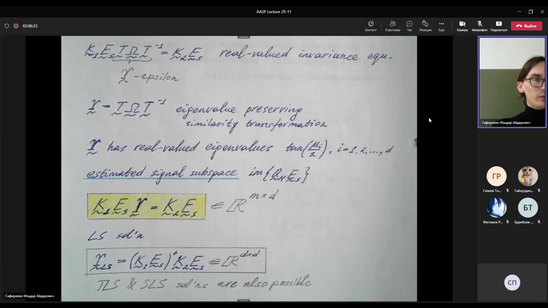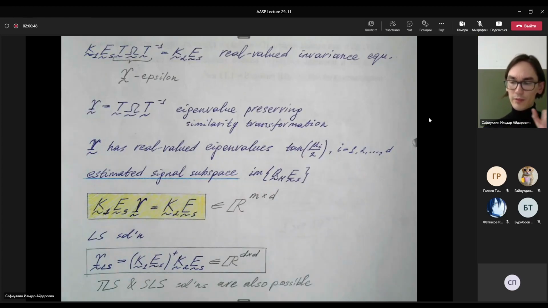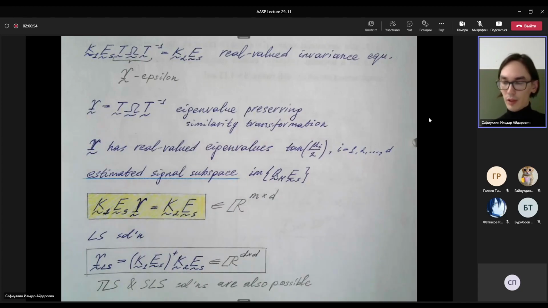And if we calculate the eigenvalue decomposition of matrix epsilon, as the eigenvalues we will find the tangent of mu sub I over 2, and using arctangents, we can find our special frequencies.